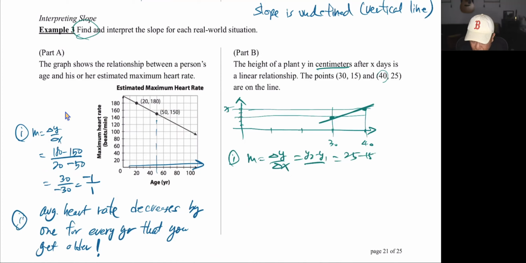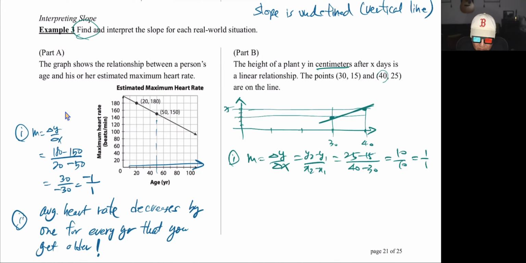I generally choose large minus small because it's more convenient. Okay. And then that just happens to be the right minus the left, right? So let's do the same thing for the x's. x2 minus x1. So it's right minus the left, which is 40 minus 30. So it's 10 over 10, which is 1 over 1, which is 1.